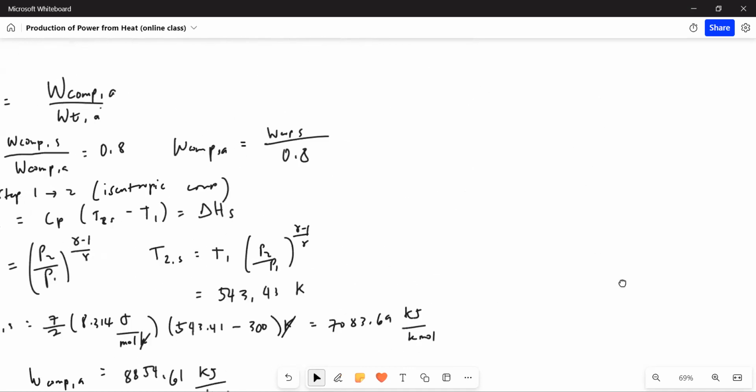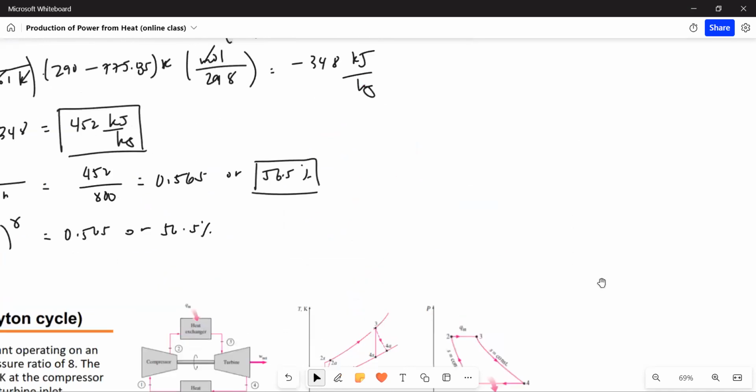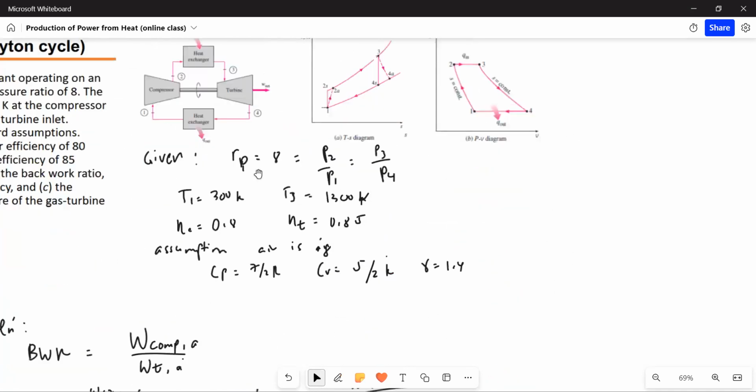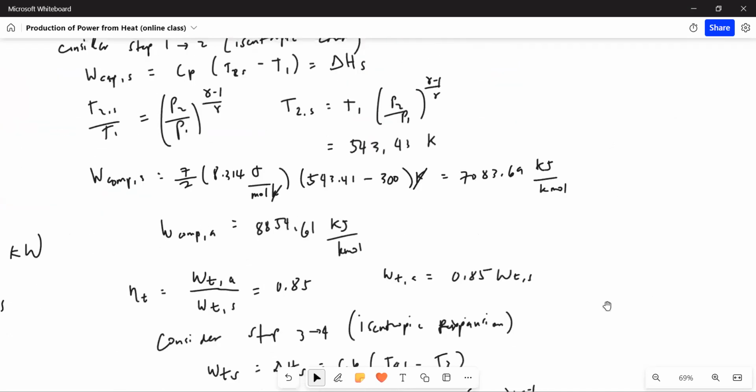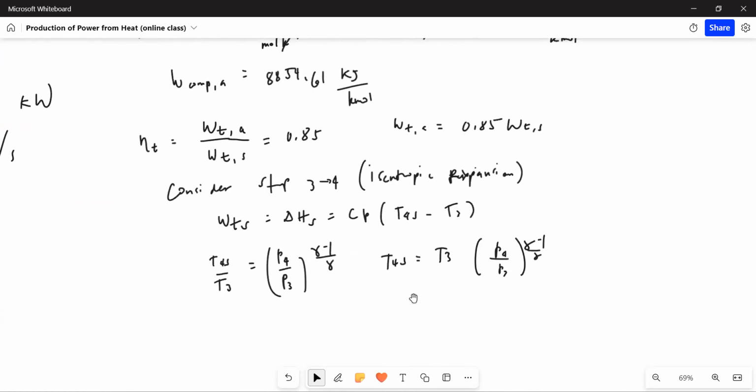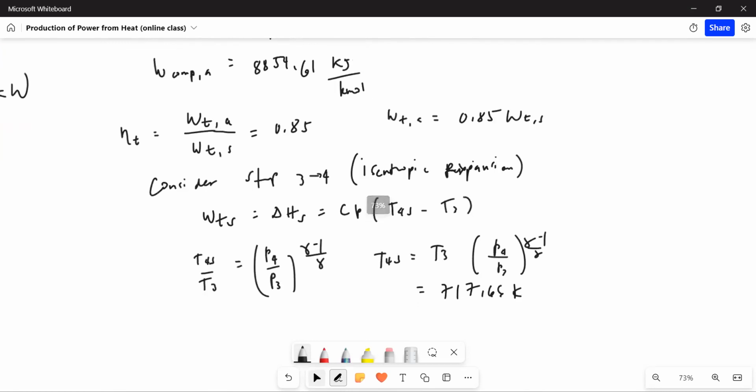P4 and P3, it's the compression ratio, the pressure ratio pala, the pressure ratio, 'di ba? T3 is given. So substituting everything into this equation, we can get the value for T4s, and that is 717.66 Kelvin.